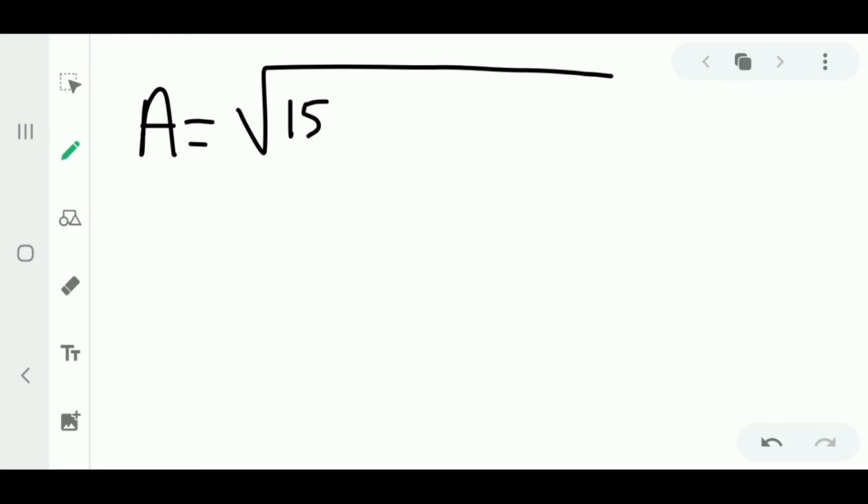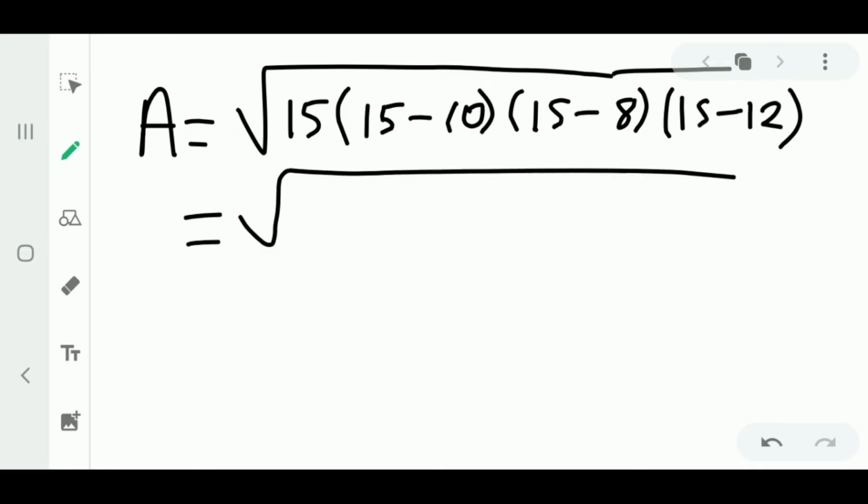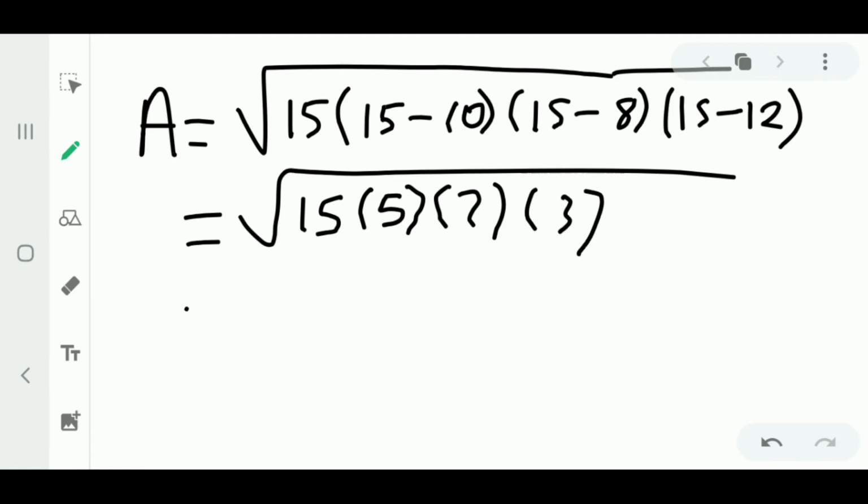So now, all we do is A is equal to the square root 15. So anywhere we see S, we put 15. 15 minus A, which is 10, times 15 minus B, which is 8, times 15 minus 12, which is C. So here we have 15 times 5 times 7 times 3.